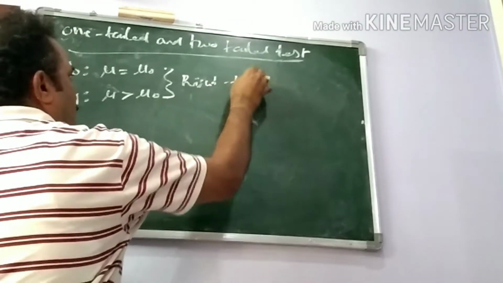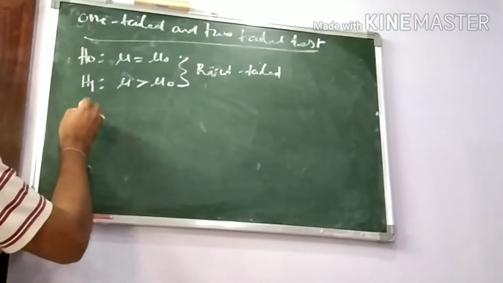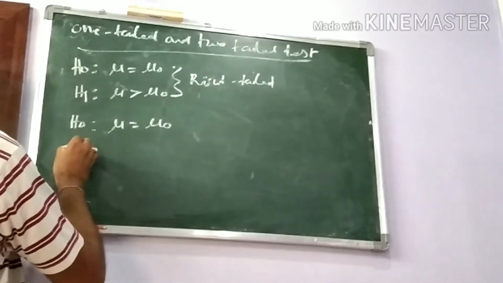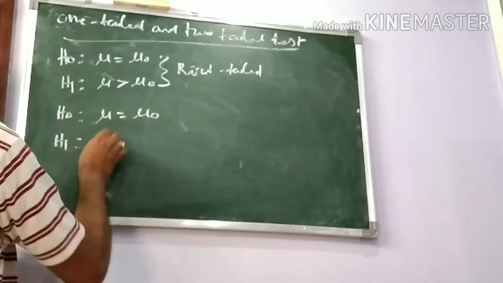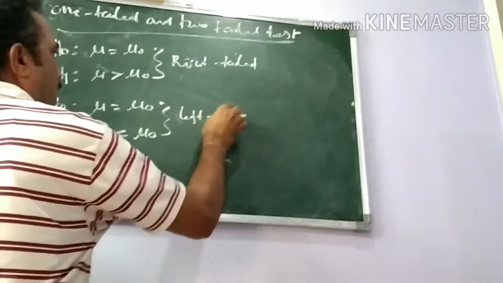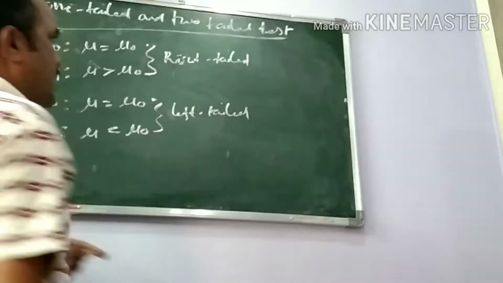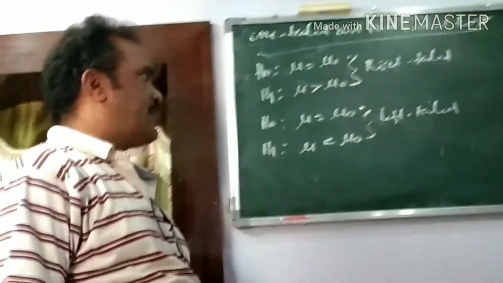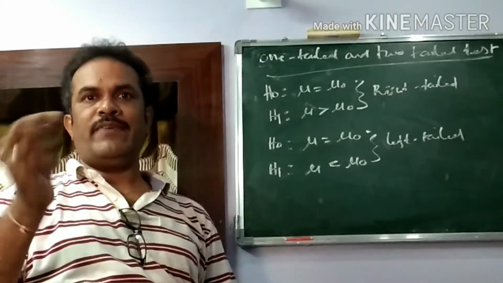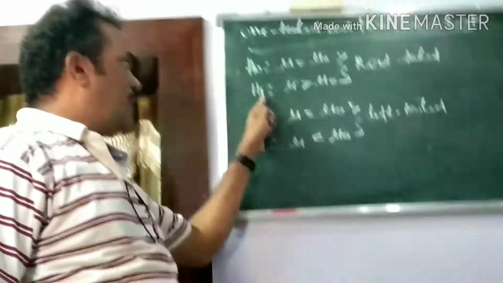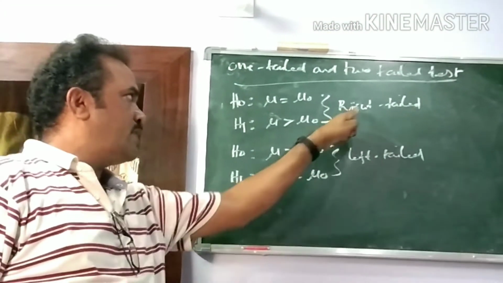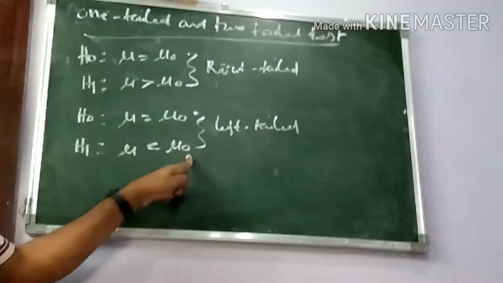When the null hypothesis is H naught: mu equal to mu naught and the alternate hypothesis is H1: mu less than mu naught, this is the left-tailed test. Both combined are called the two-tailed test. Whether we decide on a one-tailed or two-tailed test depends on the alternative hypothesis. Here H1 mu greater than mu naught is the right-tailed test, and H1 mu less than mu naught is the left-tailed test.